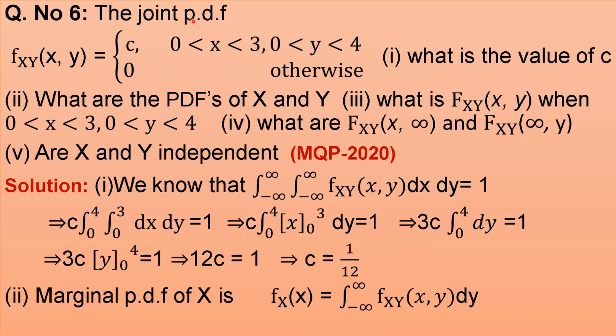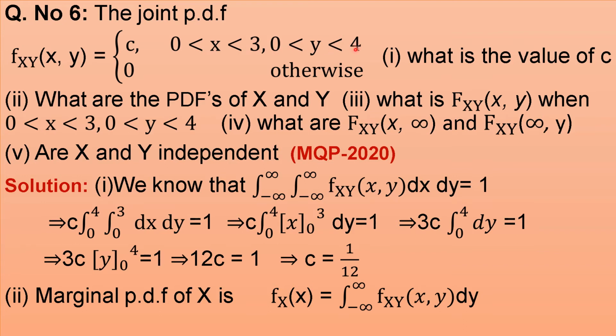Next question. The joint PDF of the random variables x and y is given as fxy of x comma y is c for all x values greater than 0 less than 3, y values greater than 0 less than 4, and 0 otherwise. Looking at the x and y values, x varies in the open interval 0, 3, y varies in the open interval 0, 4.